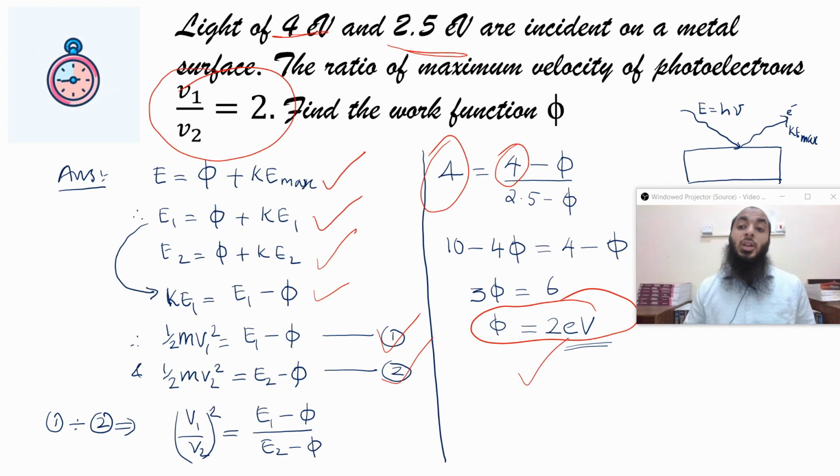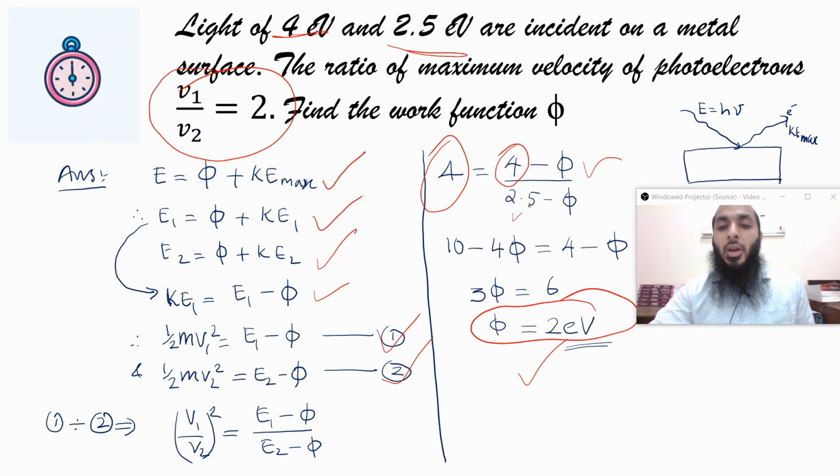If the options are in joules, you will have to convert it; you will have to multiply it with 1.6 into 10 raised to minus 19. Anyway, 4 is equal to (4 minus phi) divided by (2.5 minus phi). If I rearrange this, I'll get it. You can also apply componendo and dividendo if you want.